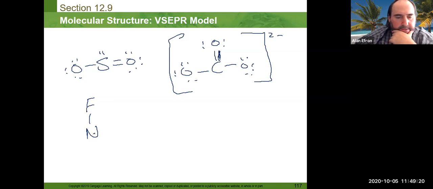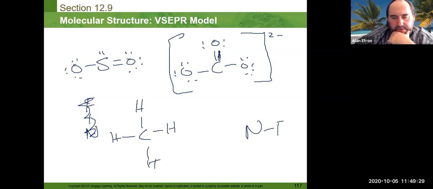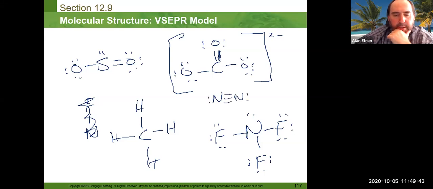Actually no, let's do this one, I think we drew it earlier as well. And let's just do this one as well. All right, take a minute or two and then we'll wrap it up here. Polar or non-polar molecule. What is the molecular polarity on each of these? See what you come up with.